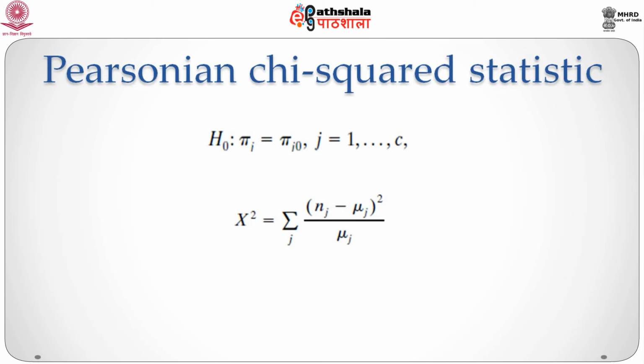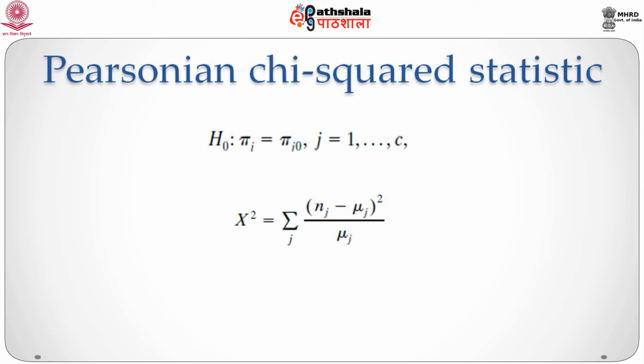You all know that the chi-squared statistic of goodness of fit is given by chi-square equal to summation over j of (nj minus mu j) squared by mu j, where mu j is the corresponding mean frequency for the various categories under the null hypothesis.